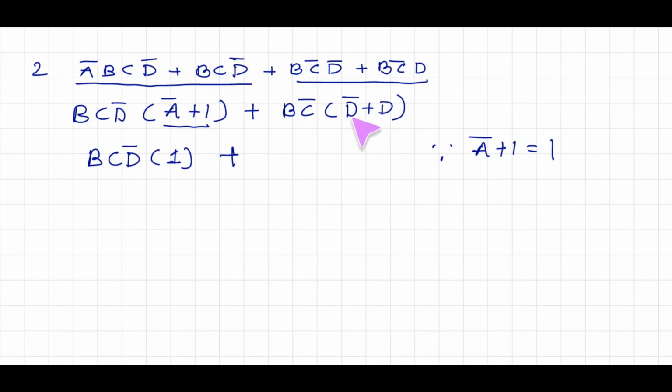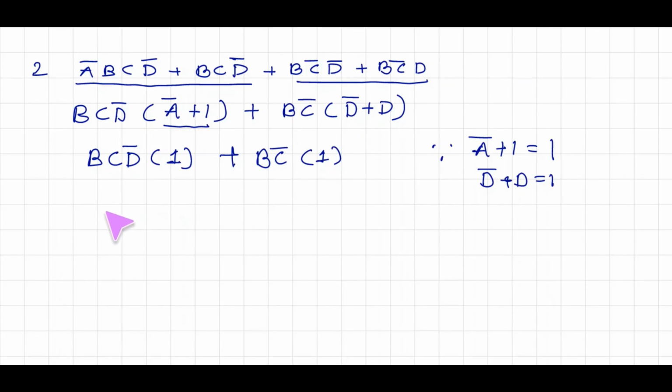Suppose d bar is 0, d will be 1, and if d bar is 1, d will be 0. So d bar plus d is equal to 1, and we can say it is b c bar into 1.